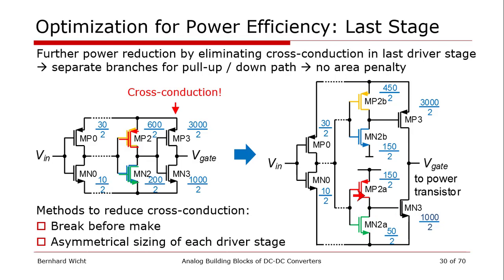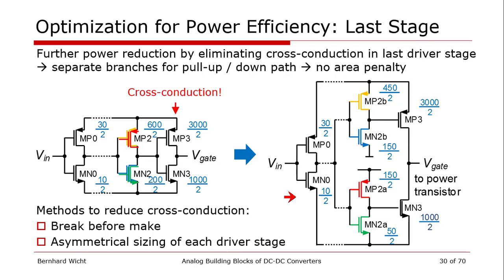Since we simply use the same transistor size, we just split it into 2 parts. I try to indicate that here by colors, right? We have yellow and red and green and blue, and that goes in 2 parts.